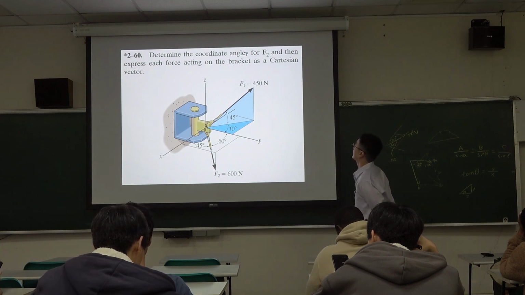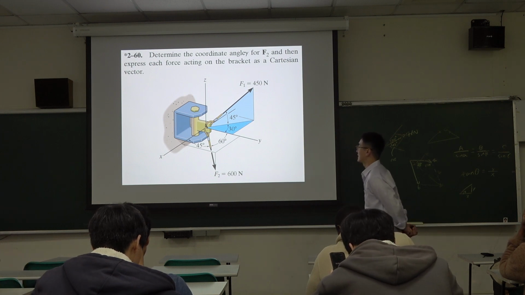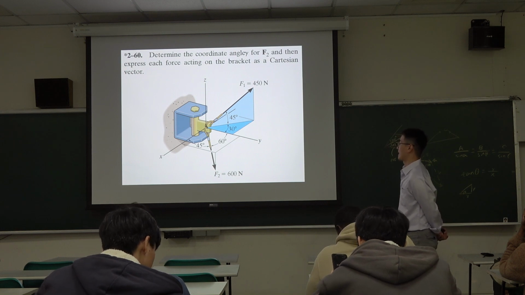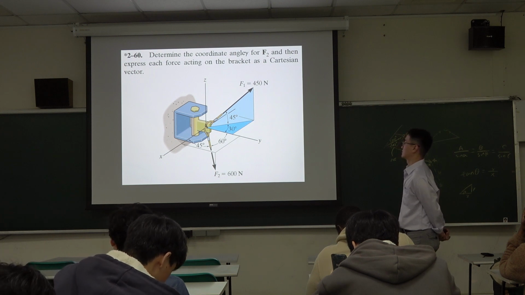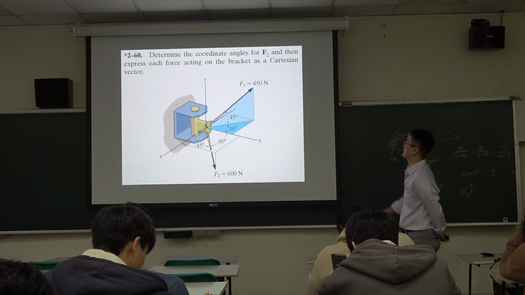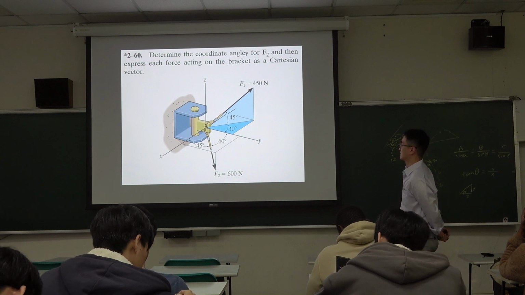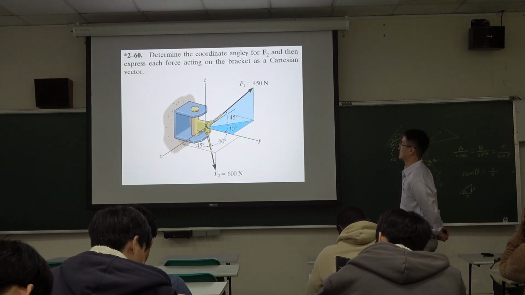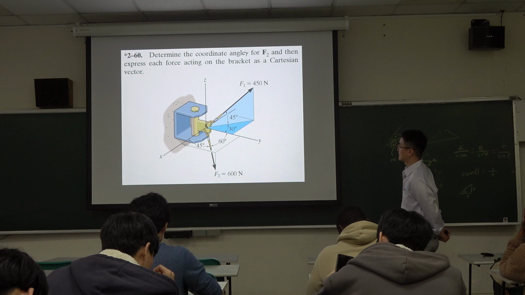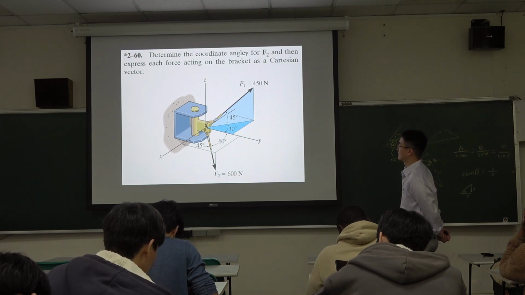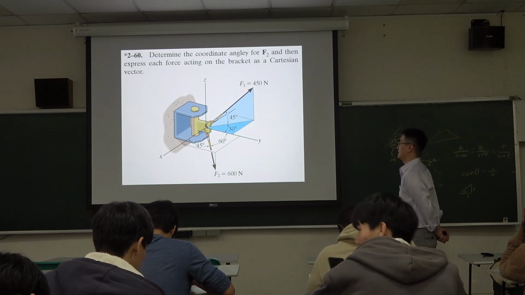Coordinate angle gamma for F2, and then express each force acting on the bracket. Okay, this way.